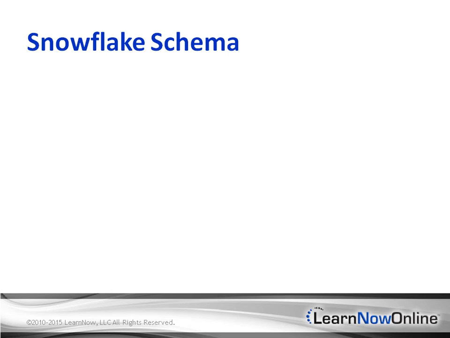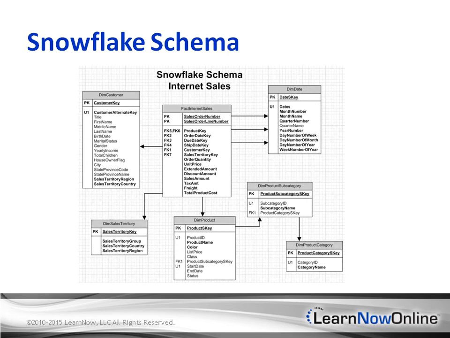The snowflake schema has dimension tables that are related to the fact table in a data mart, but some have relationships through one or more other dimension tables. The product dimension in this example has a relationship to subcategory, and then you can see the subcategory table has a relationship to category. This is what defines a snowflake visually.